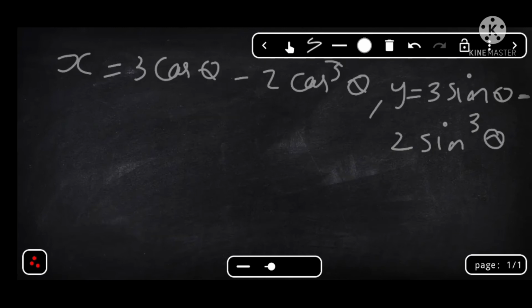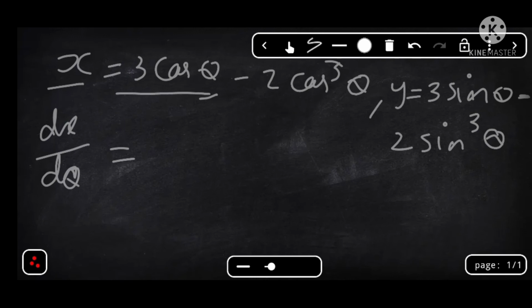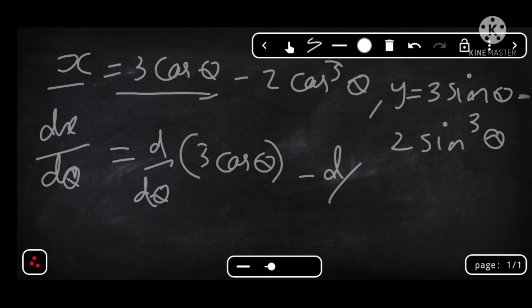x equal to 3 cos theta minus 2 cos cube theta, y equal to 3 sin theta minus 2 sin cube theta. So differentiate with respect to theta on both sides. So dx by d theta, we'll do this first. That is d by d theta of 3 cos theta minus d by d theta of 2 cos cube theta.